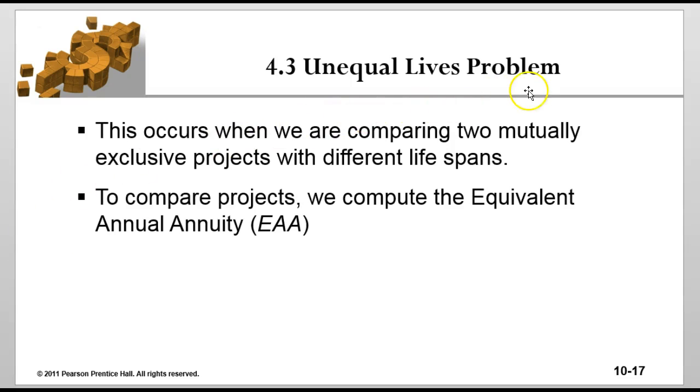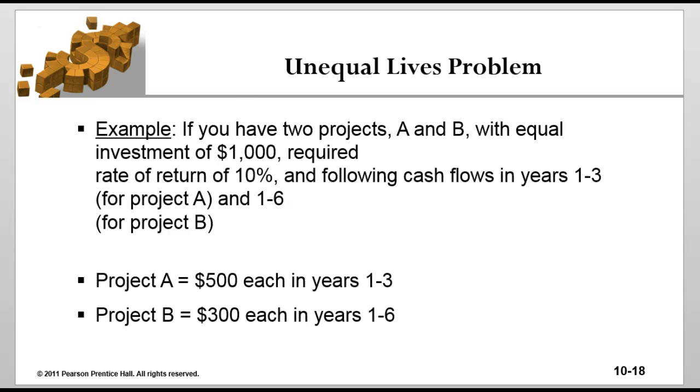So here we have unequal lives, okay, and we use something called an EAA, which is an equivalent annual annuity, to draw those together, and it's a very quick calculation. You're going to get the net present value for both of these. This one is a 6-year and this is a 3-year. Now you'll notice the 3 years paying more, right?